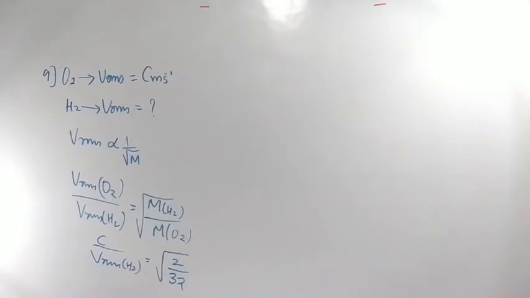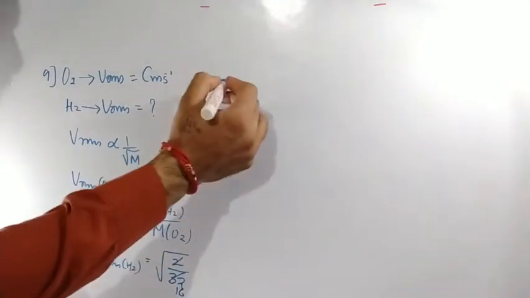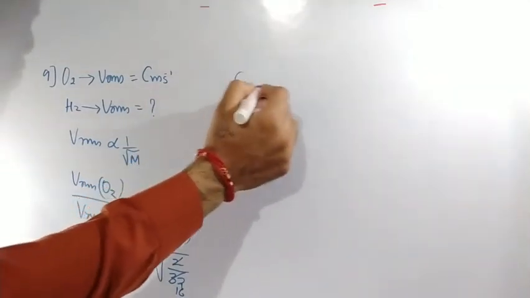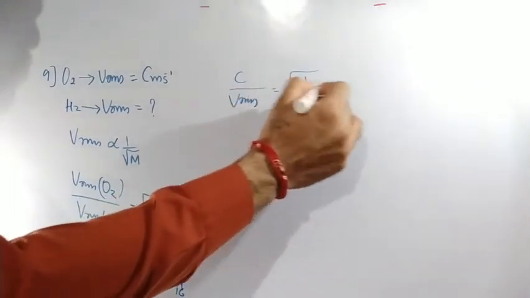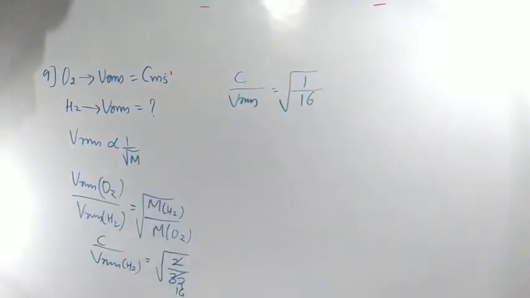Now here, 2 ones are 2, 16 twos are 32. So we are getting C divided by VRMS is equal to root of 1 by 16.